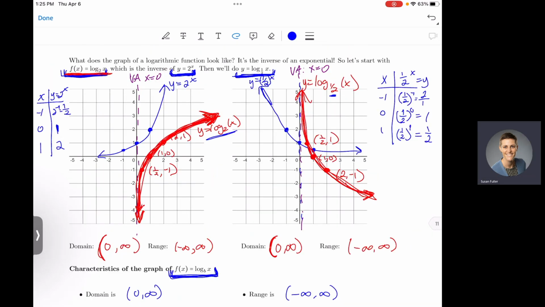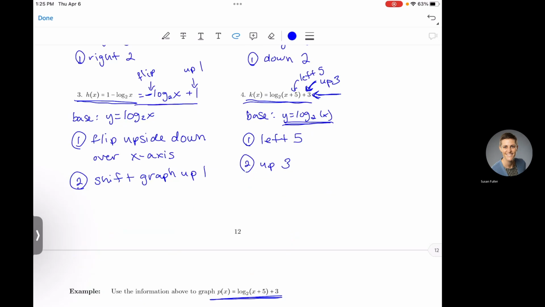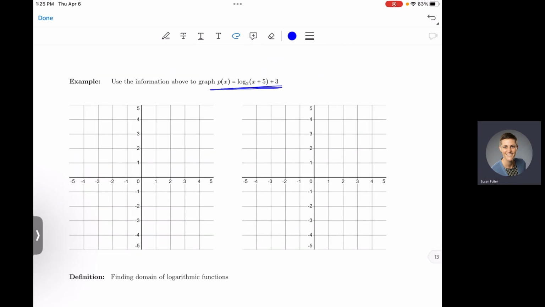We just did this a few minutes ago. Y equals log base 2 of x is here. And I'll just do 2 points here. 1, 0, and 2, 1 were on this graph. So I'll just start with those. So 1, 0, and 2, 1 were nice points on this graph. And so here is my log base 2 of x.